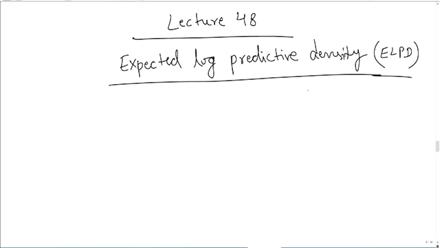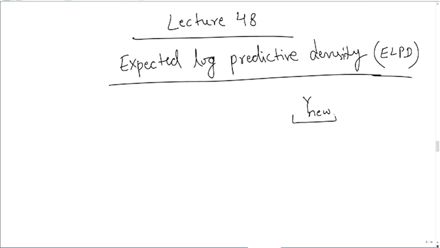If you remember how we started our previous lecture, we started with the question of how to measure predictive accuracy of a model given some future data. So let's say you want to measure predictive accuracy of your model on some future data, y new.